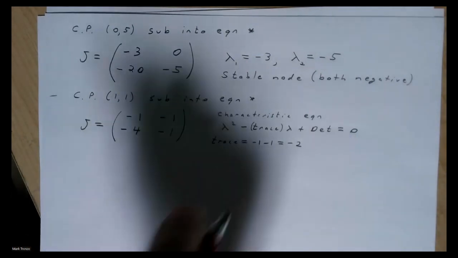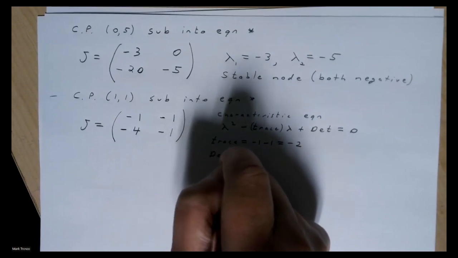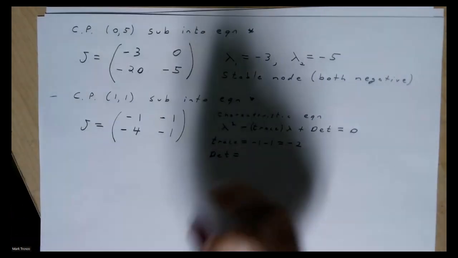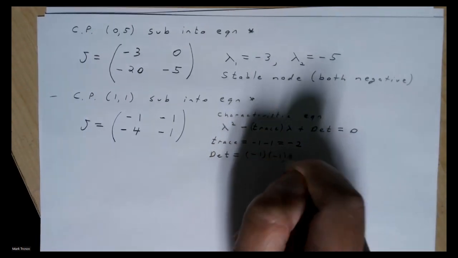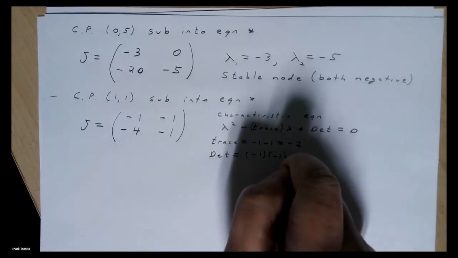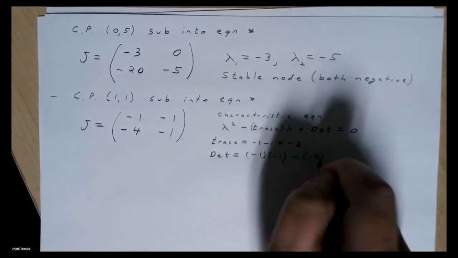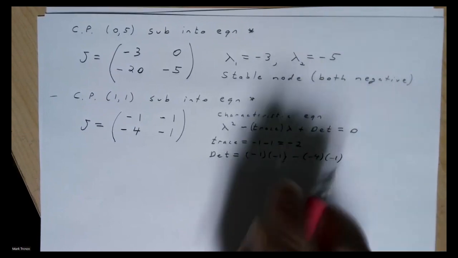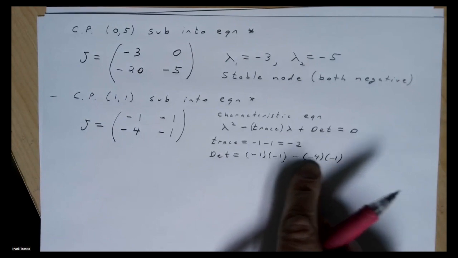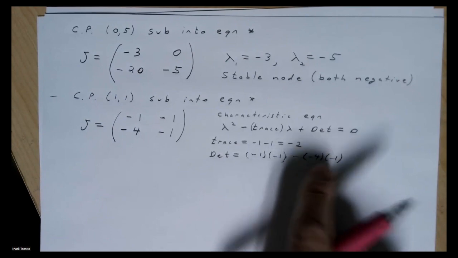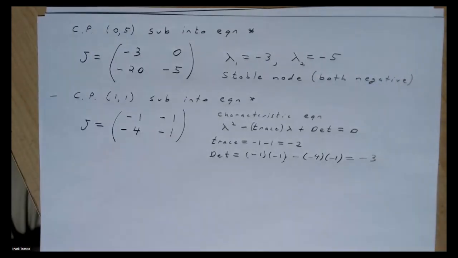And then, of course, the determinant is going to be minus 1 times minus 1 minus 4 times minus 1. So that's positive 1 minus a positive 4, so it's going to be a negative 3.